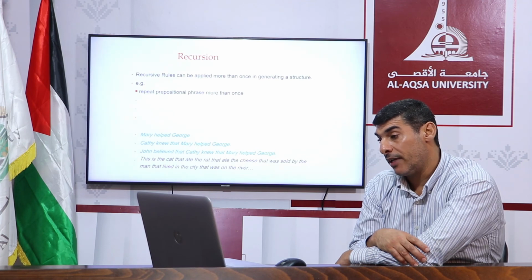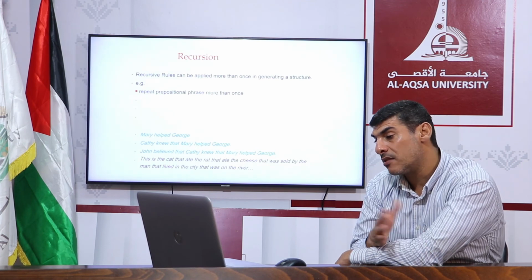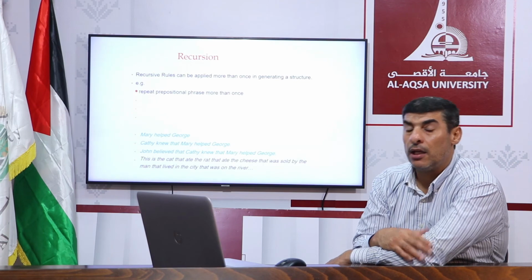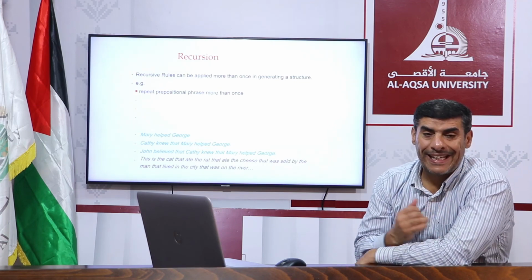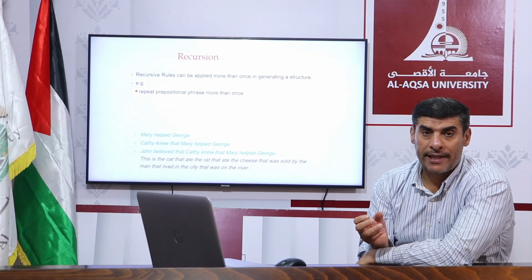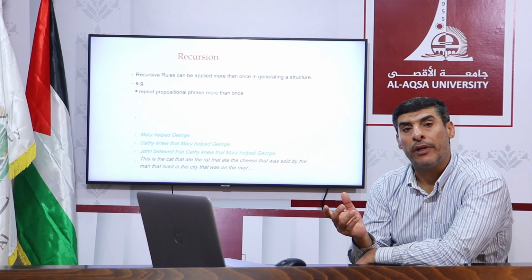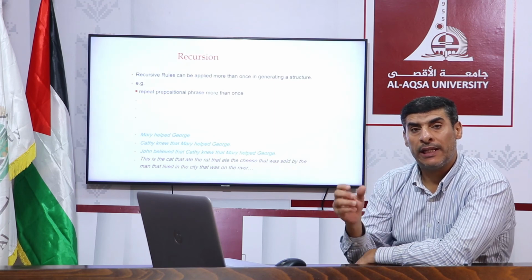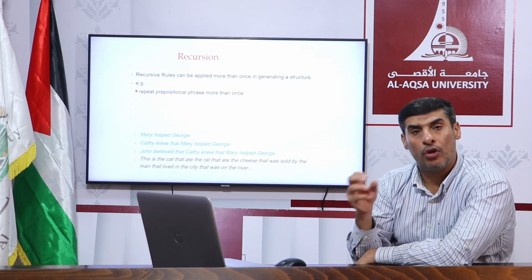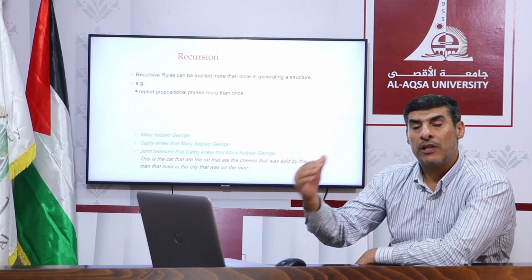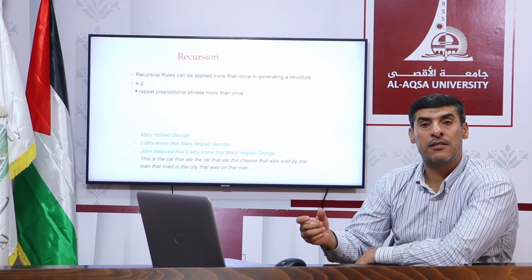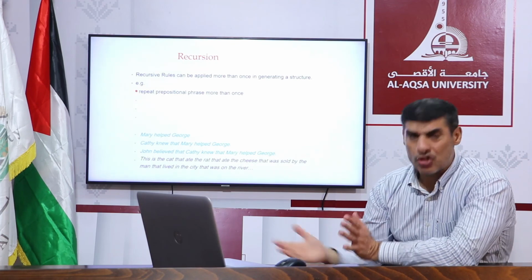Repeat prepositional phrases more than once. I would say, I saw the man who came from Japan, which is an Asian country that is located in the north west of Asia, which is the largest in the world, and so on.